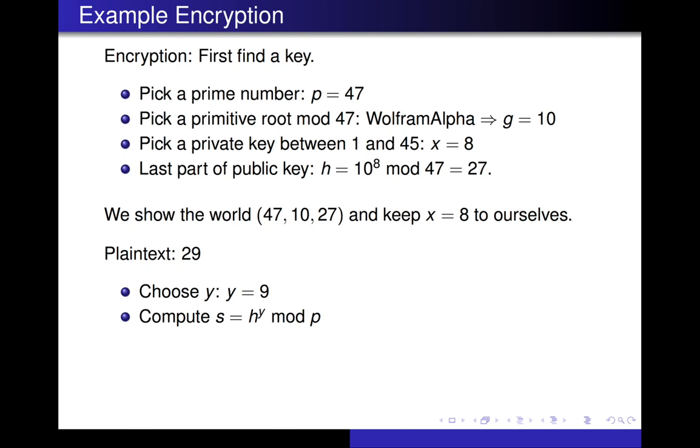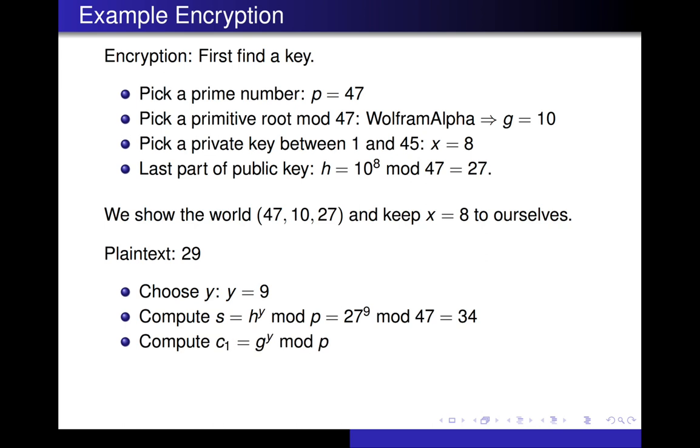So I'm going to compute S, and remember S is h to the y mod p. Our h in this case is 27. Our 47 is our p, our g is 10, and our h is 27. So we're going to do h to the y mod p. That is 27 to the 9 mod 47, and again, I'm going to use Wolfram Alpha to do that computation, which gives us 34.